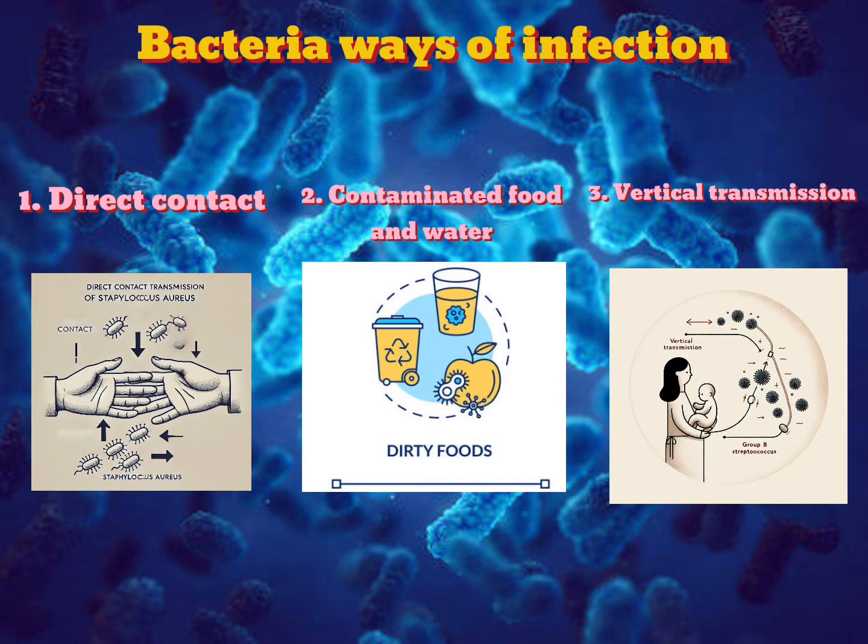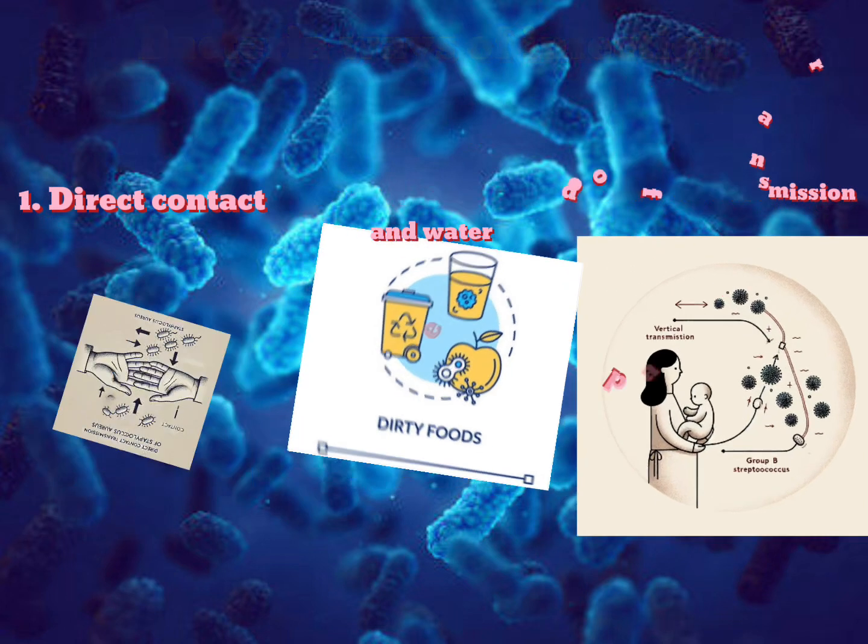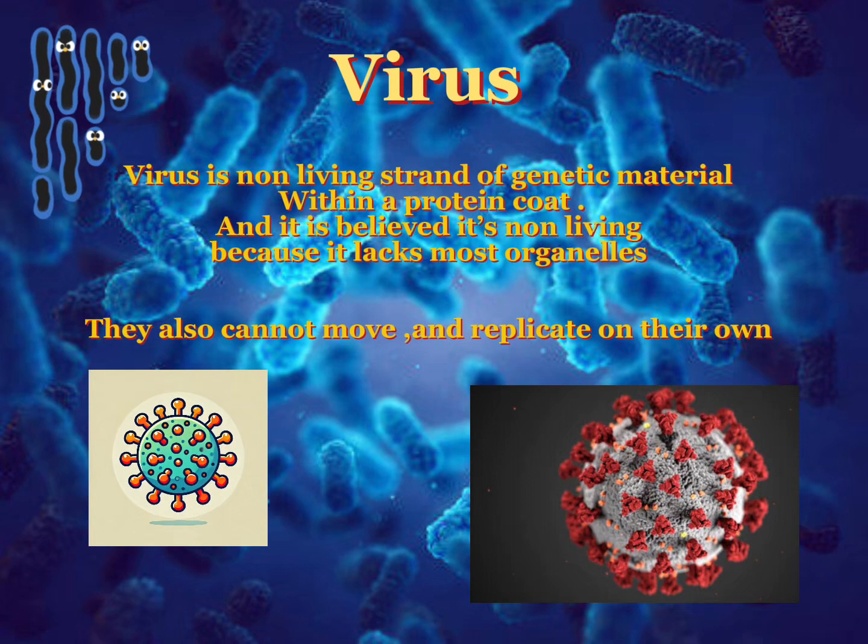For example, Salmonella and also E. coli. Number 3 is the vertical transmission. It is bacteria that can be passed from mother to baby during pregnancy, childbirth, or breastfeeding, like the group B Streptococcus.